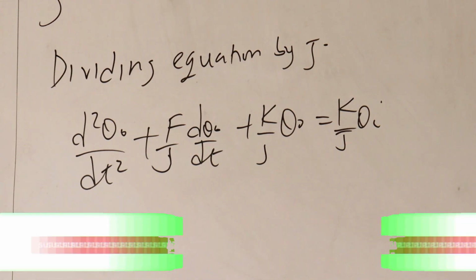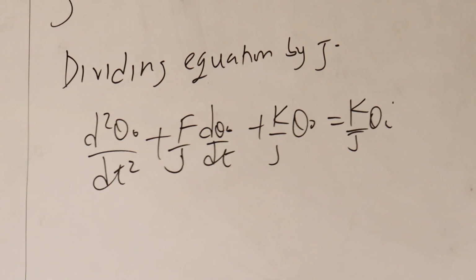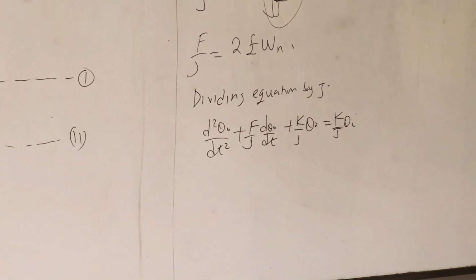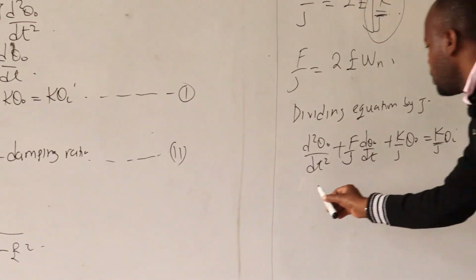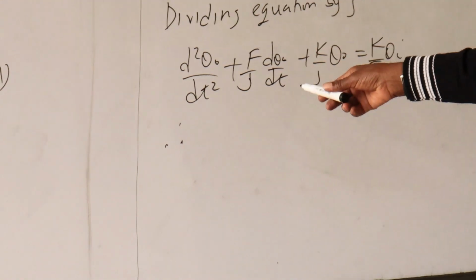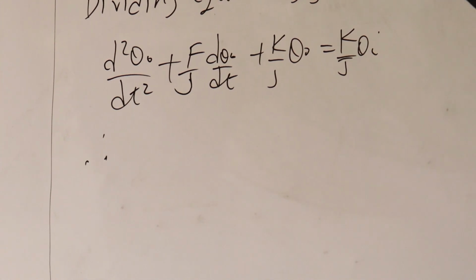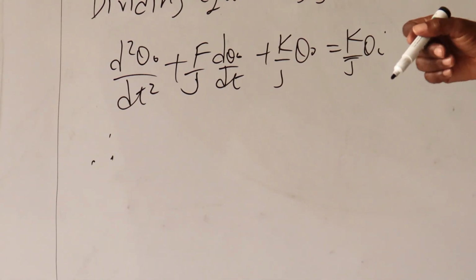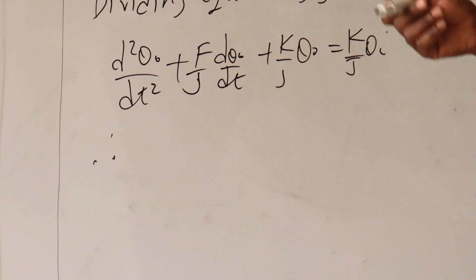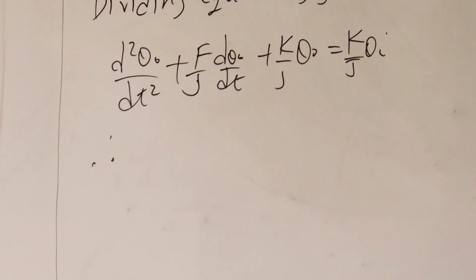But if you look at our previous equations, there was an expression for F over J. So what was F over J? F over J is 2 zeta omega n. So in that case, substituting the values for F over J and K over J, we know what K over J is. We know that omega n is equal to the root of K over J, so it means that K over J will be omega n squared.